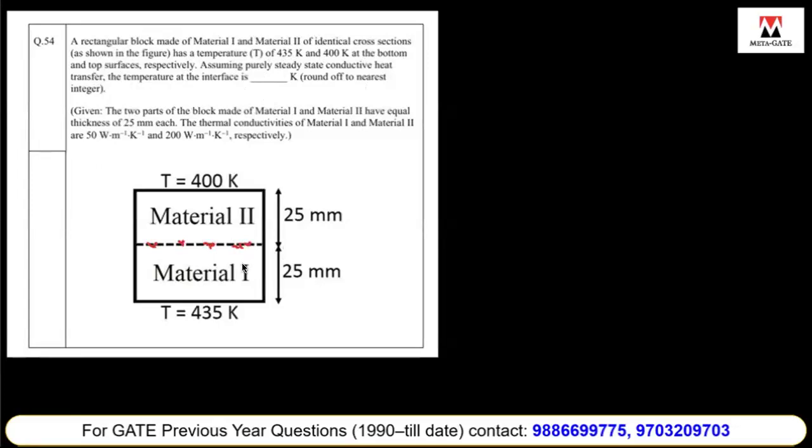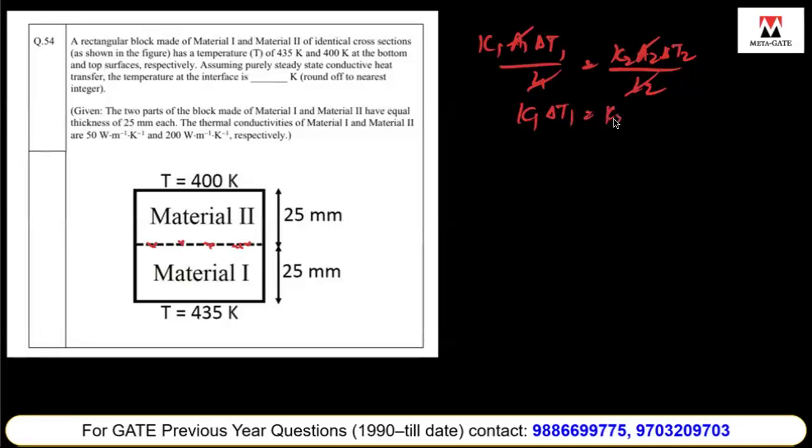So we know Fourier's law, K1 A1 delta T1 by L1 equal to K2 A2 delta T2 by L2. As L and A are the same, K1 delta T1 equal to K2 delta T2.